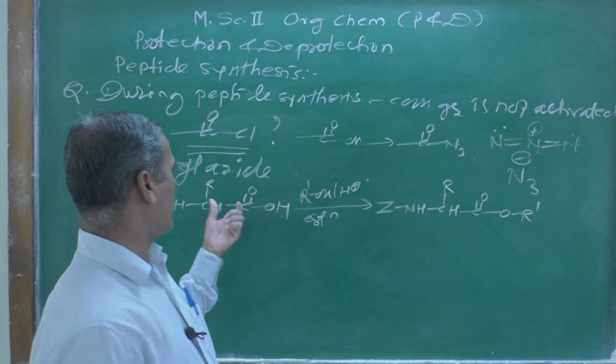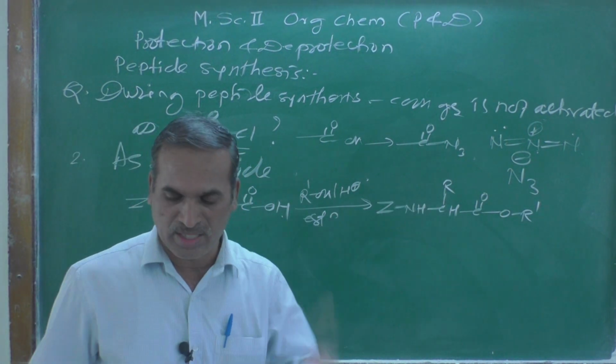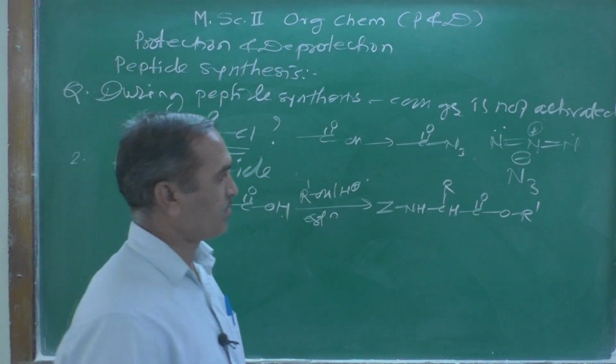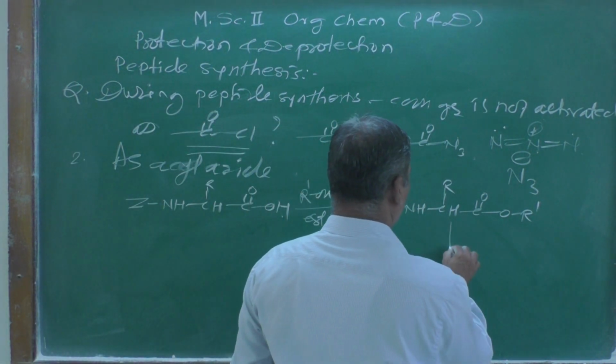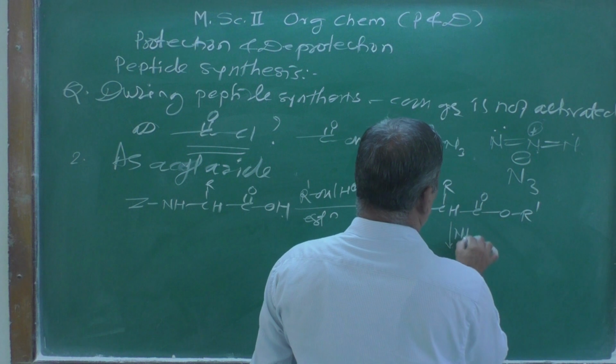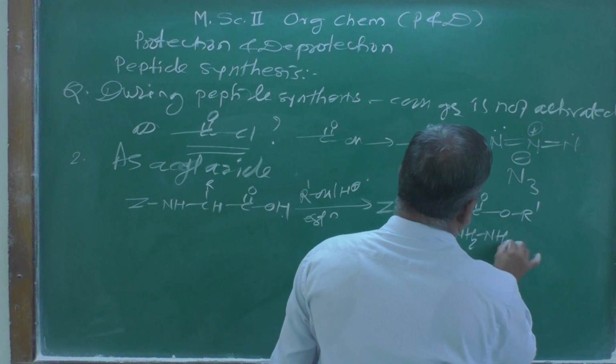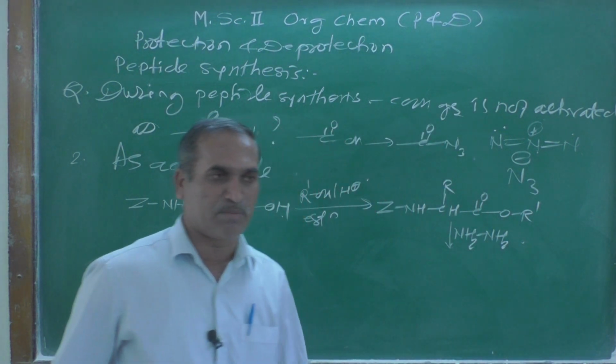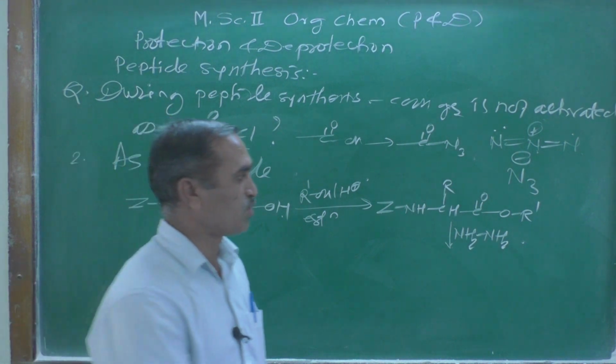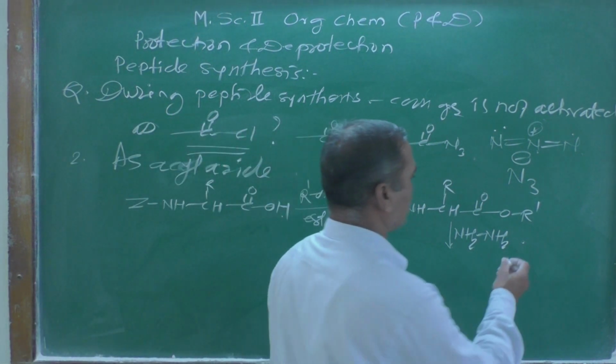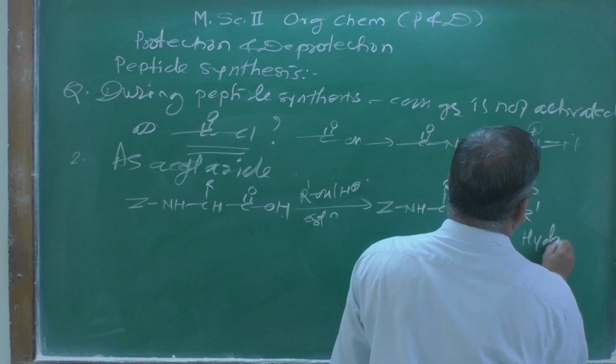We converted this acid group into an ester, and then this ester is further treated with NH2 NH2. Do you know the name of this compound? It is known as hydrazine.